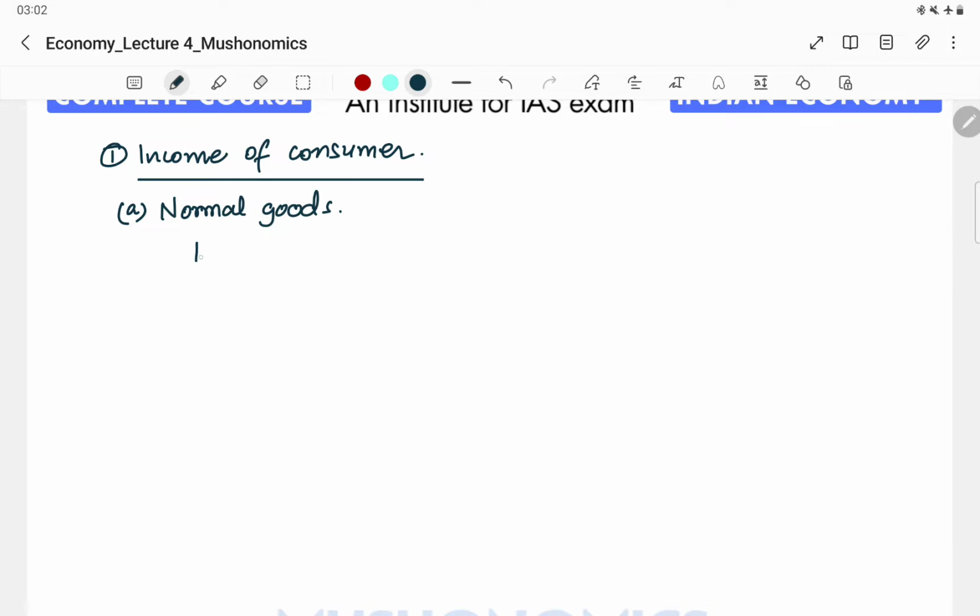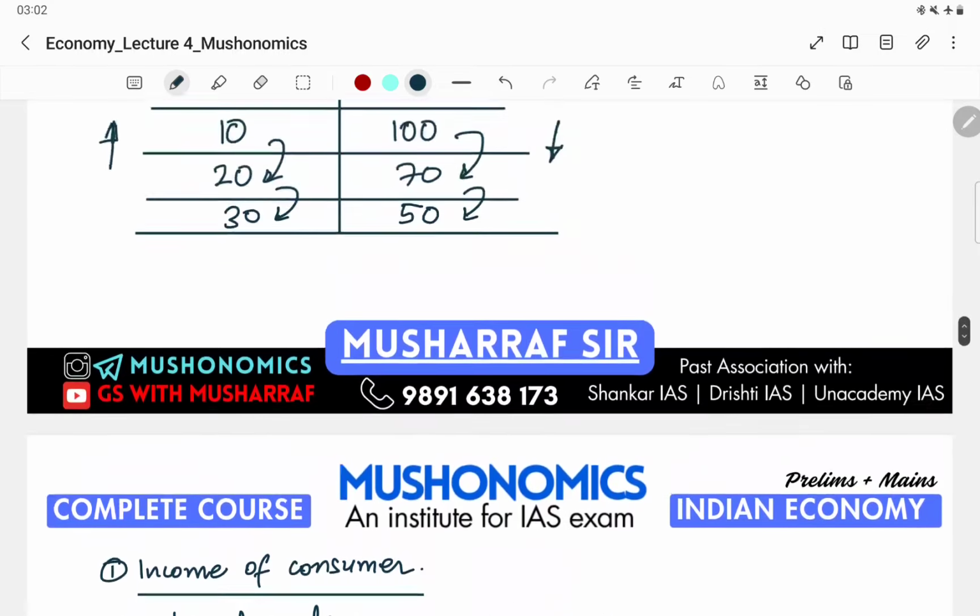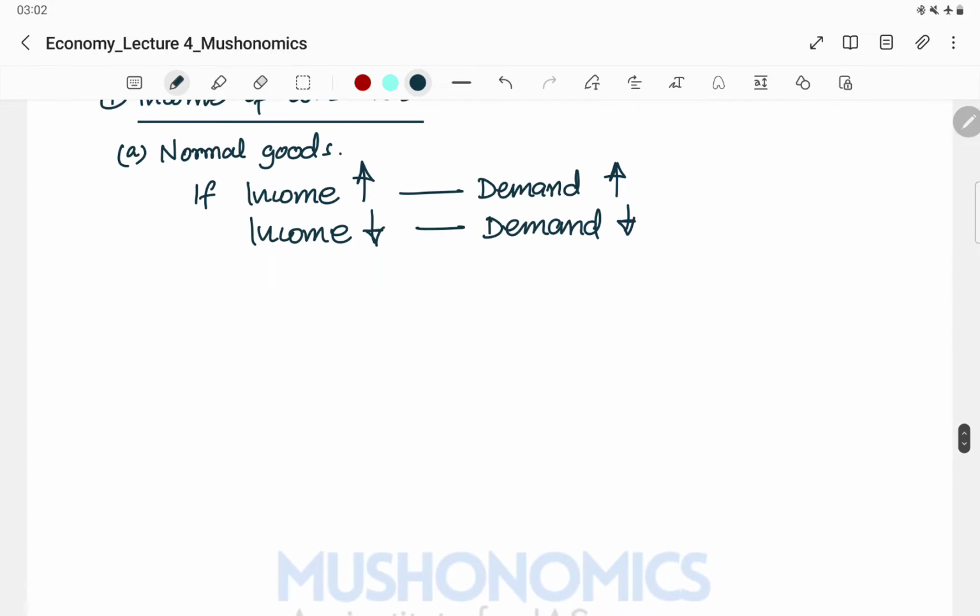For normal goods, what happens is, if income increases, then what will happen? Purchasing power will increase, so the demand will increase, right? If income decreases, purchasing power decreases, and hence demand will decrease, right? So normal goods obey what? Law of demand only, right?